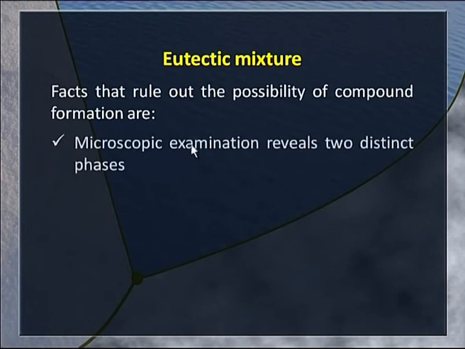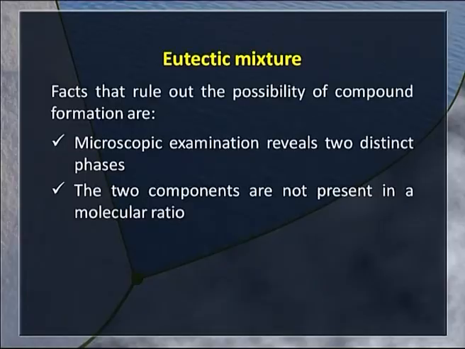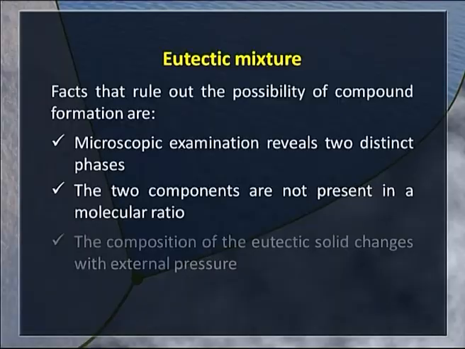If you watch it in a microscope, you can see distinct phases. The two components are not present in a molecular ratio. It happens in the case of a compound, for example H2O, where they are in 2:1 ratio. But here the components are not present in molecular ratio. Not only that, if you change the pressure, the composition of the eutectic solid changes.